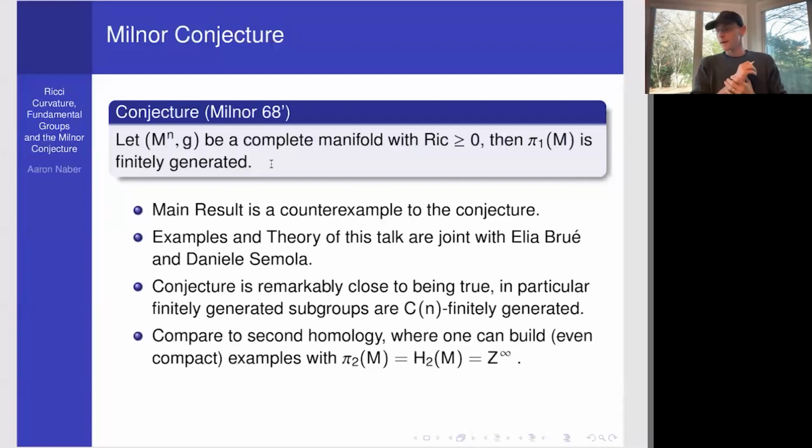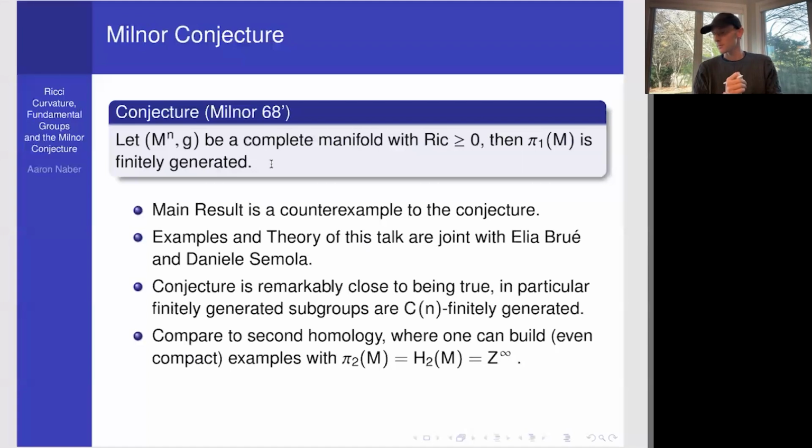And it's fun to compare this to the context of second homology or the second homotopy group. In that case, one can build examples, and in fact, quite nice ones. The first one goes back to Perelman, which were bounded diameter and non-collapsed. So probably this is an audience that appreciates that word that basically means really nice, where the second homology was infinite.